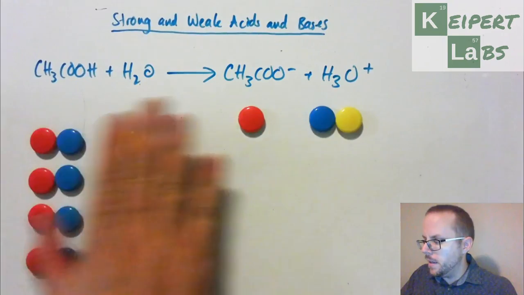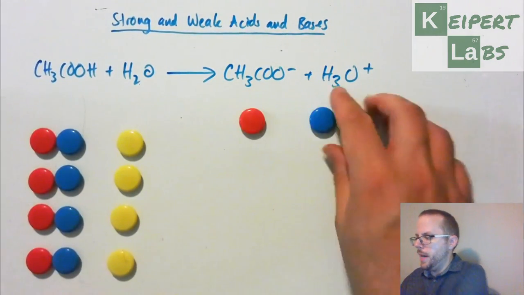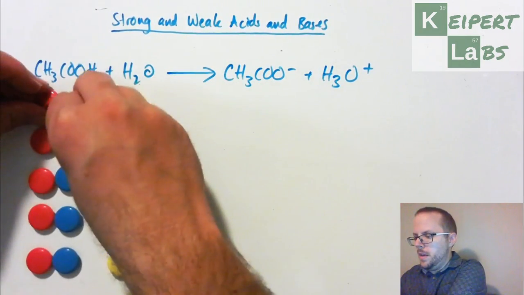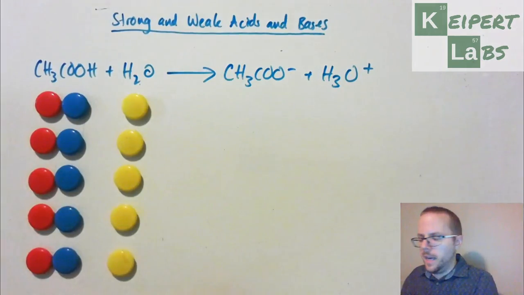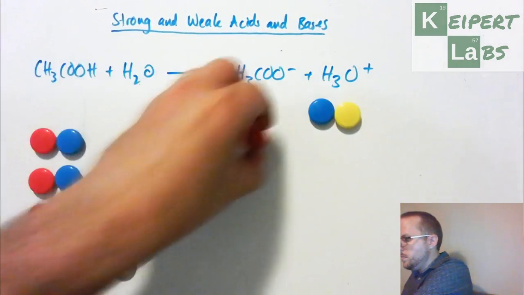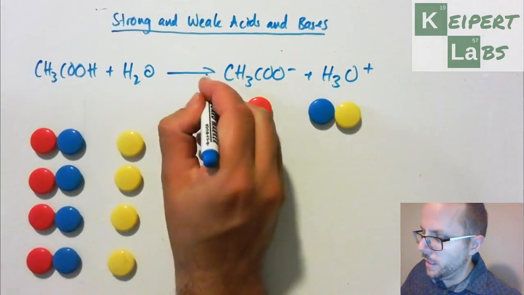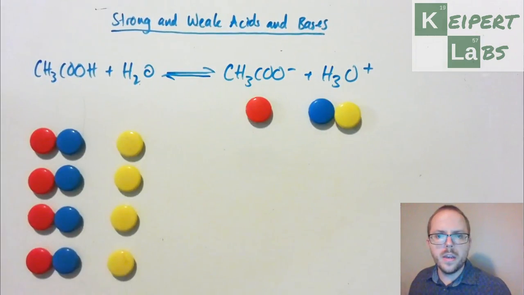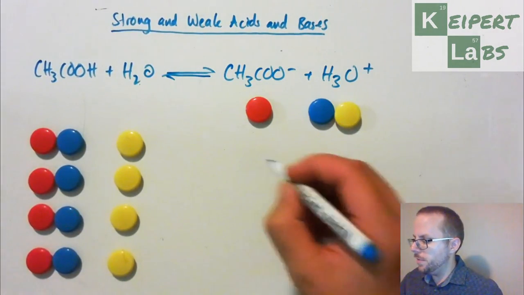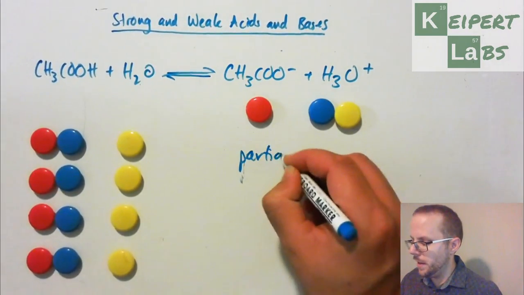We can also see that these two can react together to reform our acid and our water. So in this situation we've got two things going on. The first is that this is actually an equilibrium, because we can go backwards and forwards. And the second is that it's not fully, it's only partially dissociated.